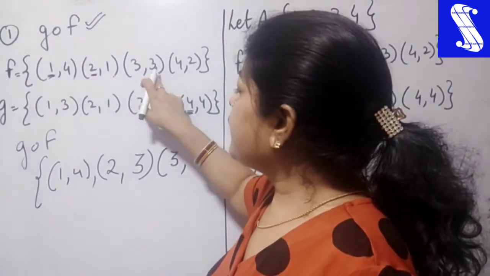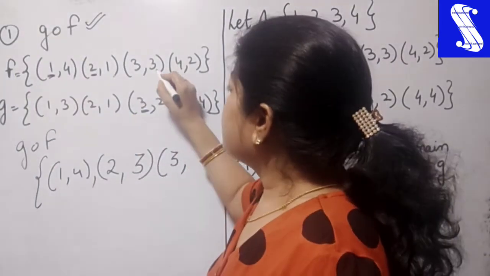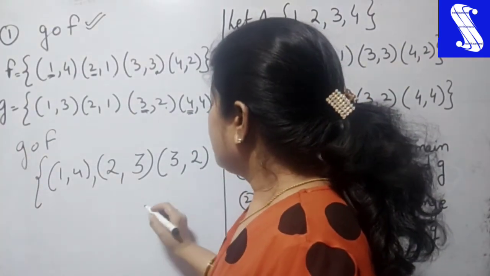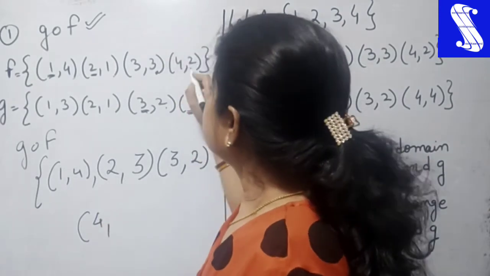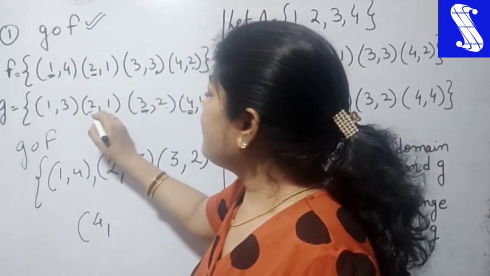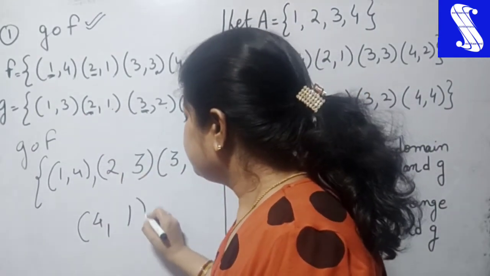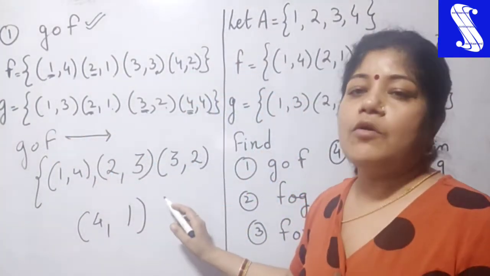The value of 3 in G is 2. Now next one, we have 4. Its image is 2, and the value of 2 in G is 1. So this is the answer for the function GOF.